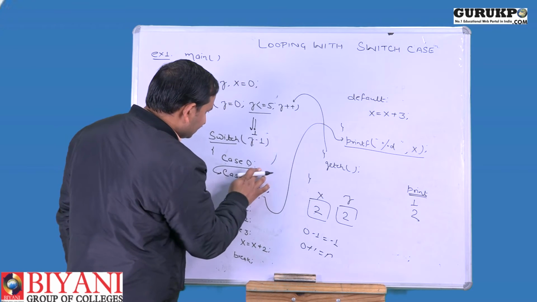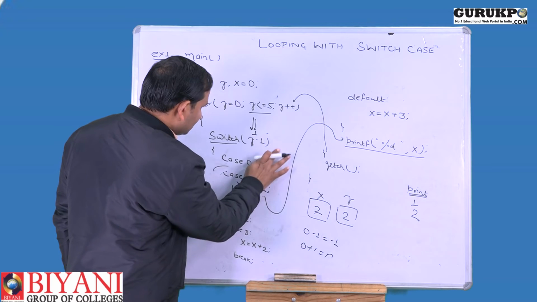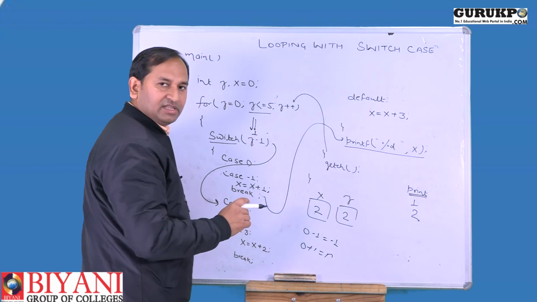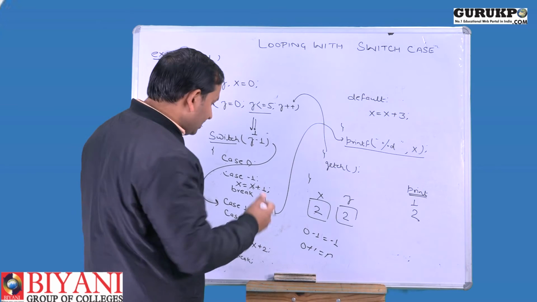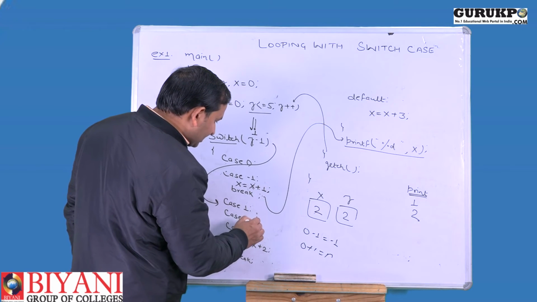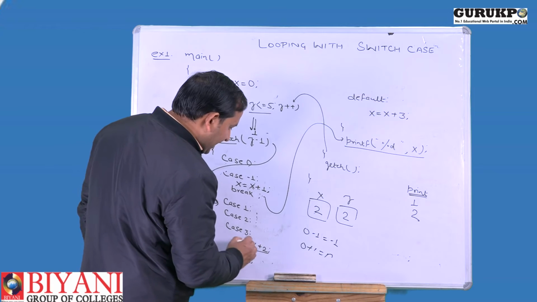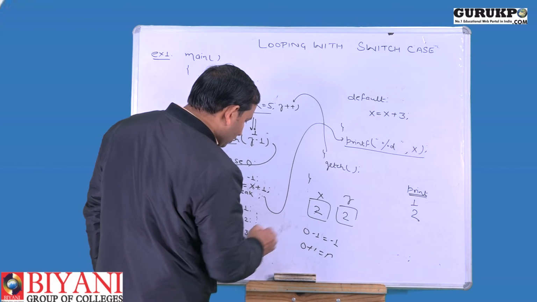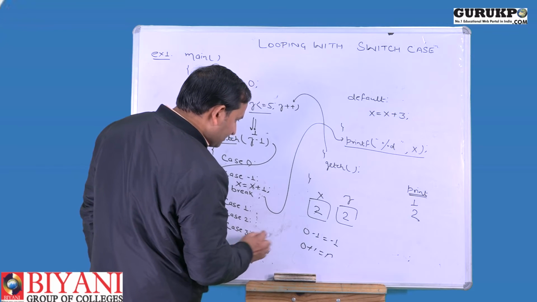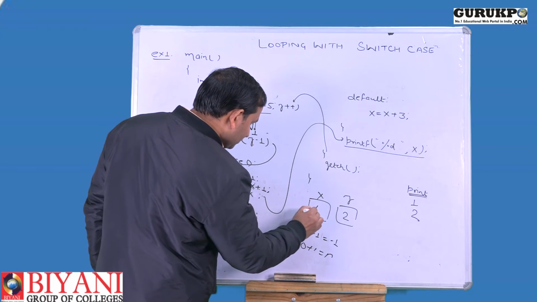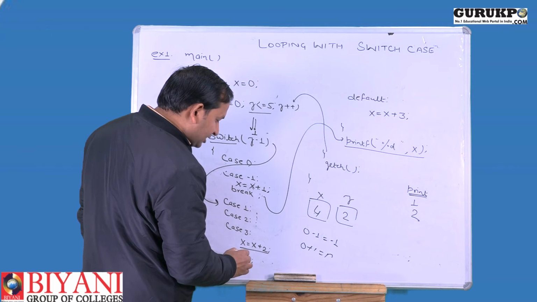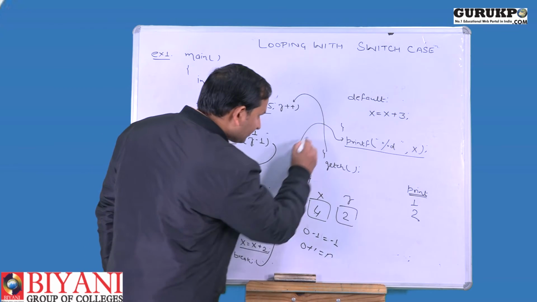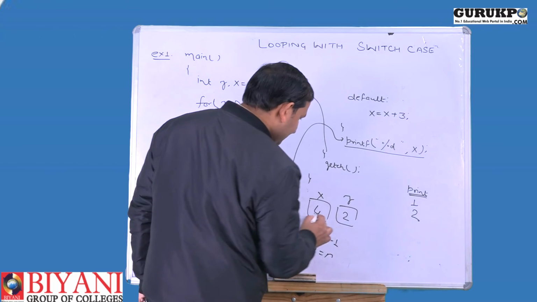Inside case 1 there is no statement, no break statement, so control proceeds further to case 2 and case 3. Now x assignment x plus 2, the previous value of x is 2, 2 plus 2, now x becomes 4. There is break statement, so control jumps here, printf. So it prints value of x, that is 4.